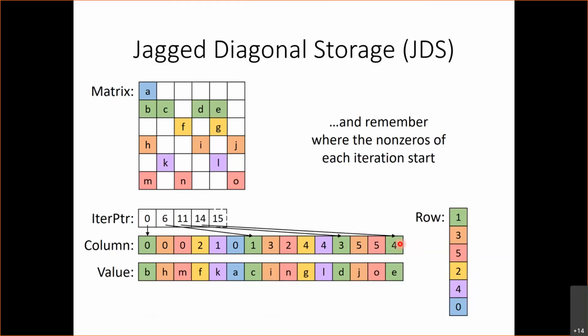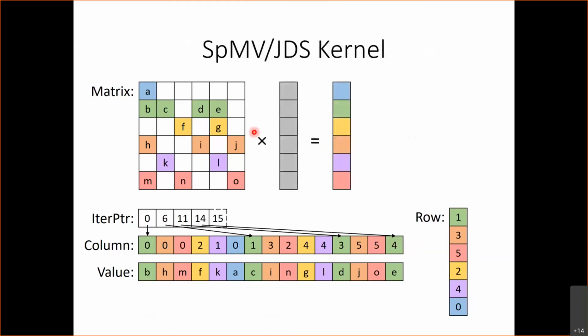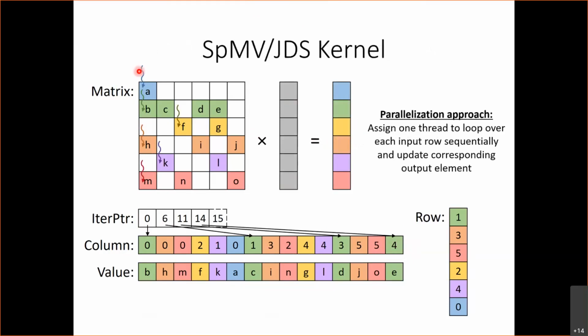Okay, so now let's see what happens. Now that we want to do SpMV, we're going to assign a thread to every row, and in terms of the access pattern, that looks like this. So here I have a thread responsible for every row.